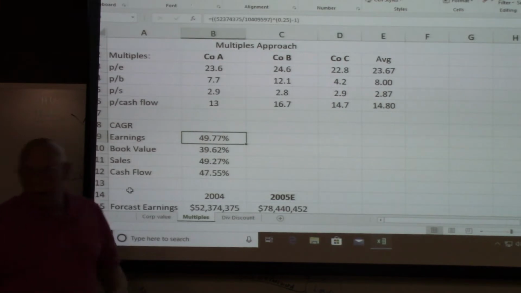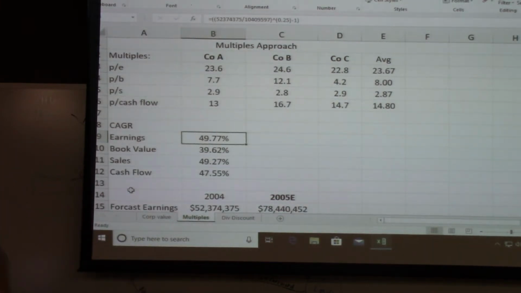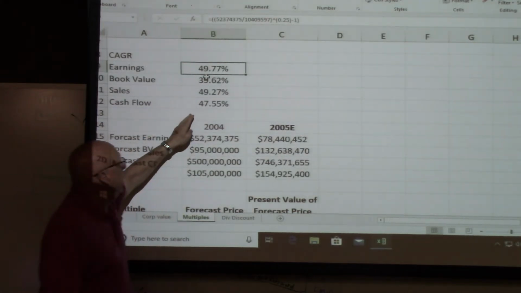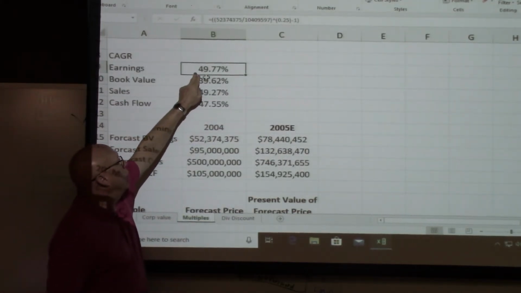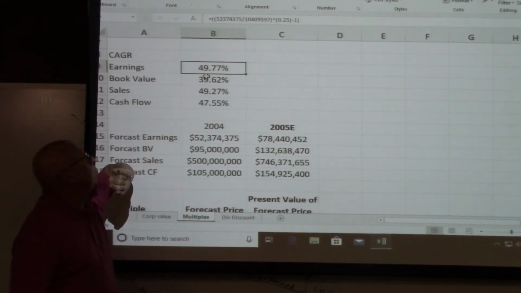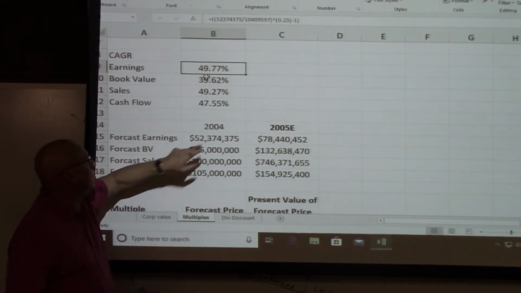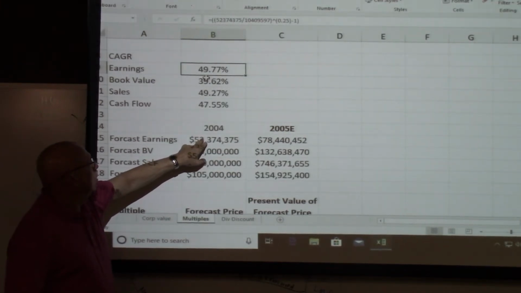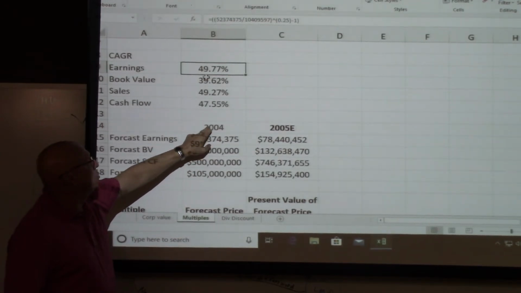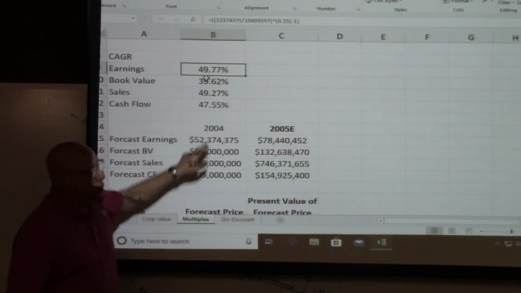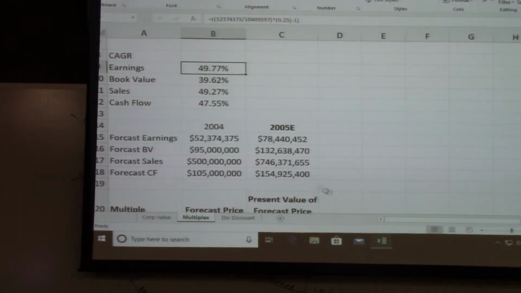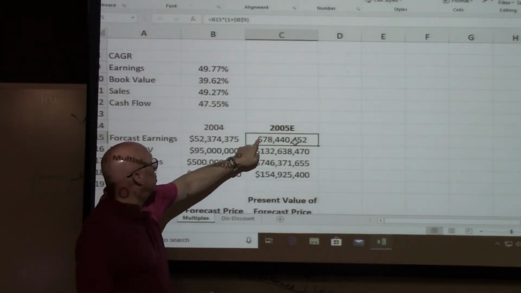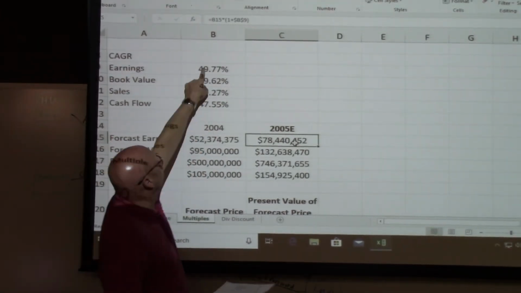Okay? Now, we're going to add 1 to each of our CAGRs and multiply. So add 1 to 0.4977, and you get 1.4977, and multiply that number by 2004's actual number. And that takes you to the estimate for 2005. So this is this number times 1 plus this number.